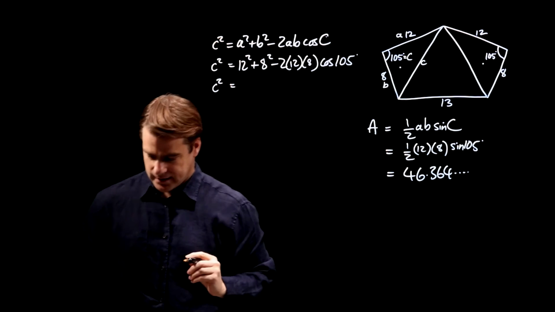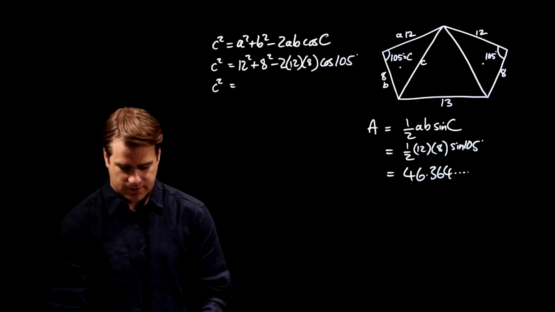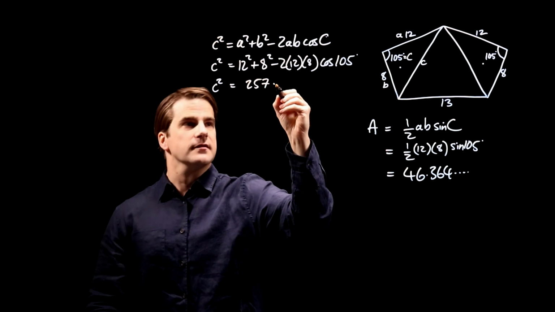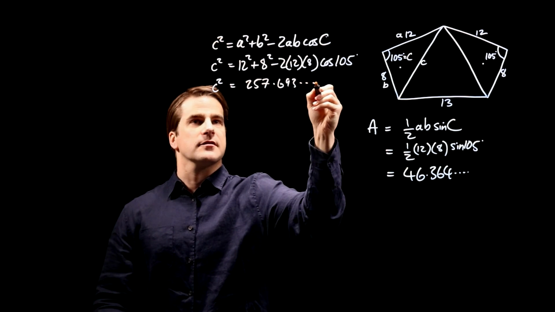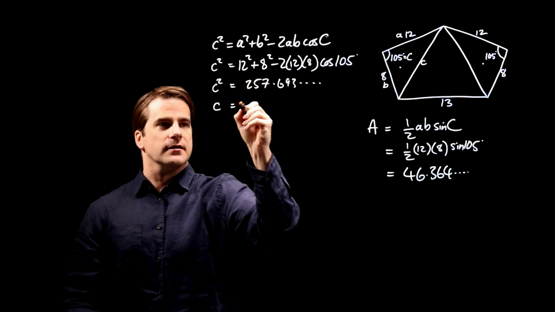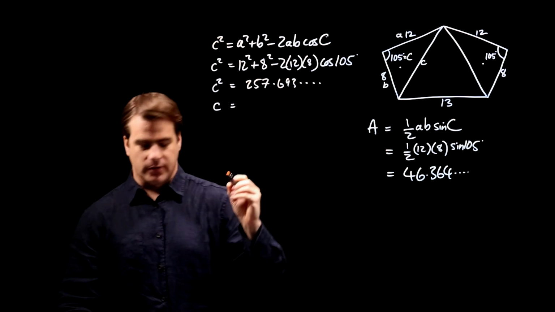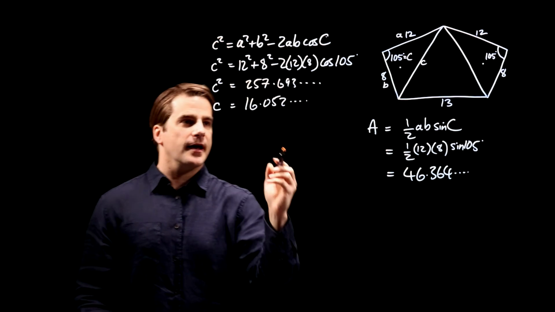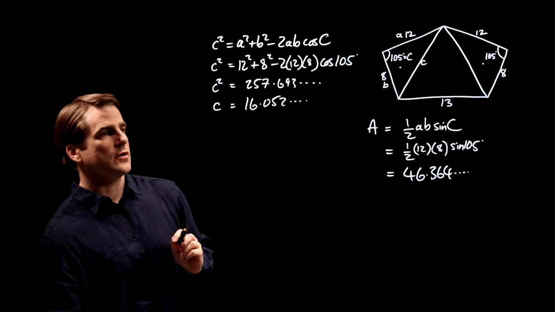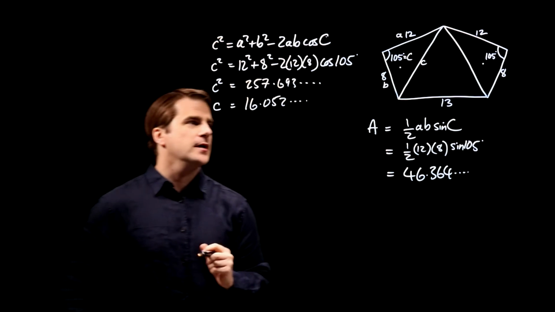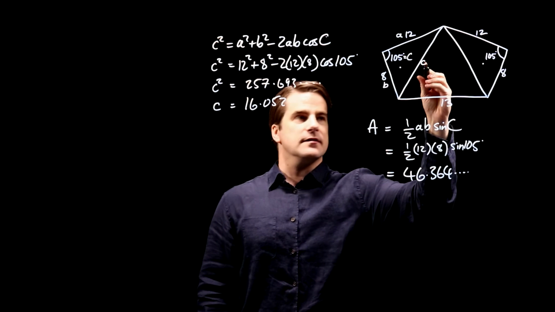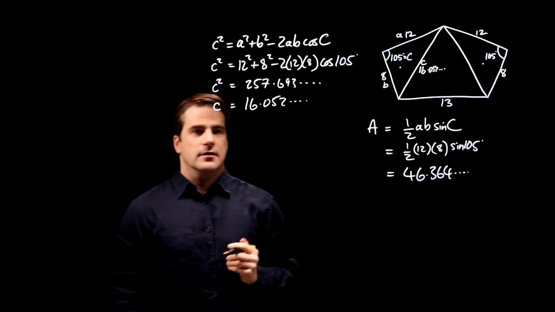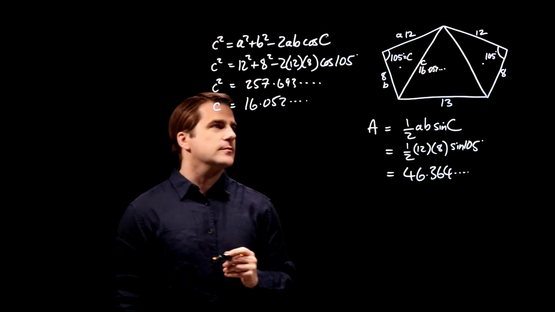So put all that in the calculator and you get c squared to be 257.693 something. Take the square root and c turns out to be 16.052 something. Again, put that in your calculator's memory and work with the exact value. Excellent.